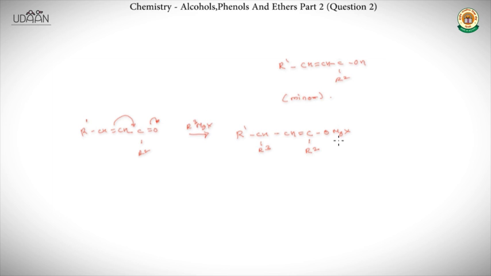And R3, which is negative, attaches to the carbon which has lost the bond. And when this is hydrolyzed, then we get R1 CH R3 CH R2 OH.